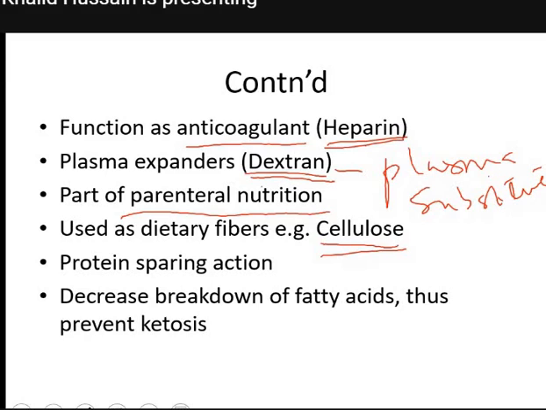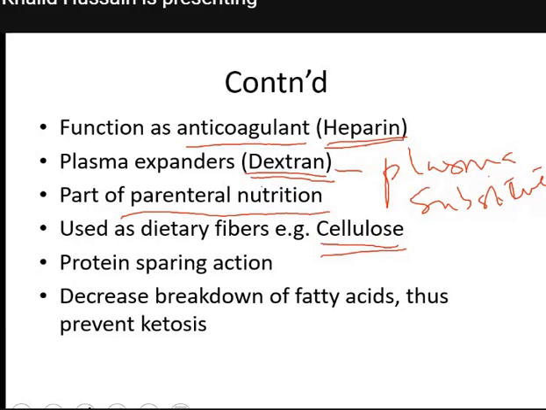This is called dietary fibers. Even people who are weight conscious use dietary fibers to fill their stomach, and cellulose cannot give energy to the body, so they take dietary fibers for weight loss.